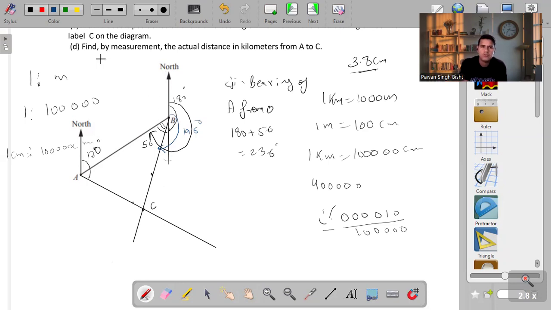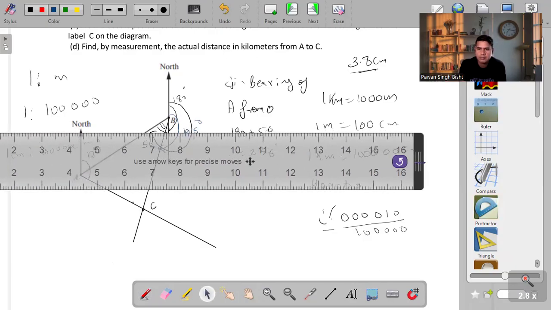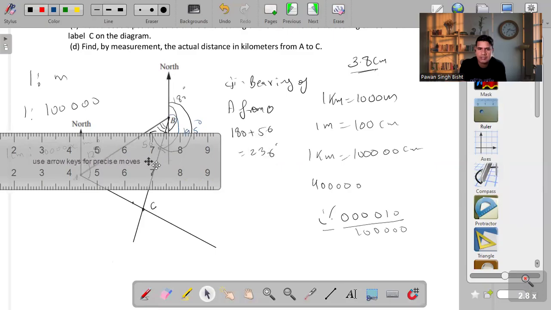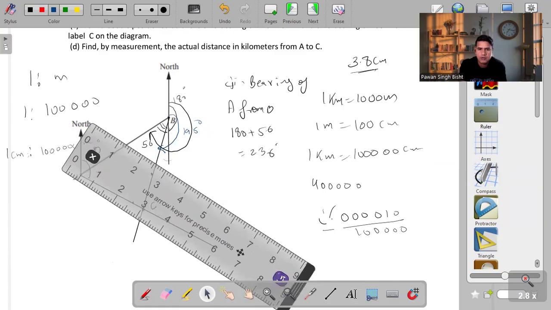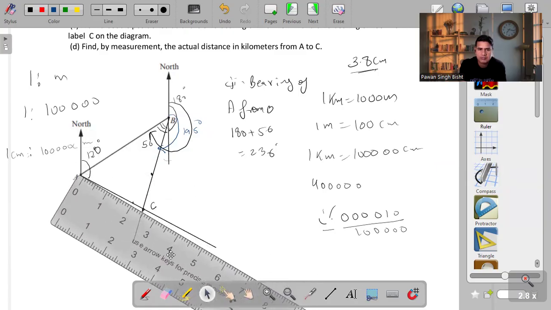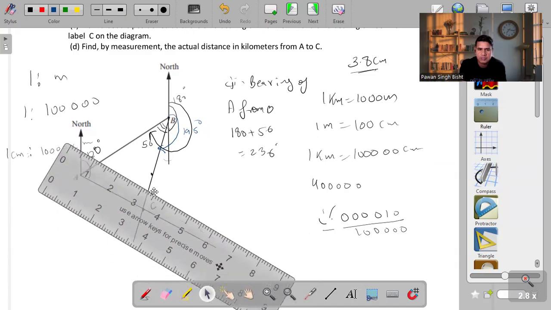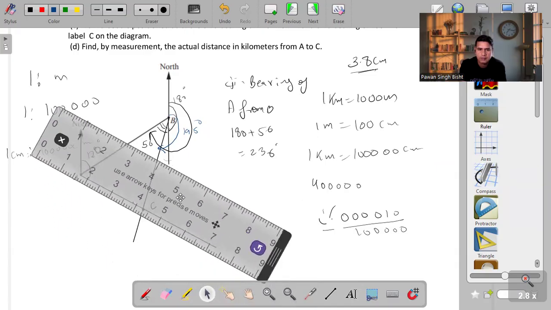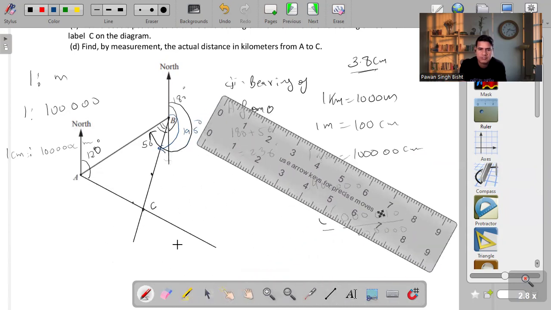Okay, now find by measurement the actual distance in kilometers from A to C. Okay, you know that 1 centimeter is 1 kilometer. So I need to use my compass now to find the length AC. So I measure this AC length from A to C. You can see it's approximately, just a second, approximately 2.5 it is coming.